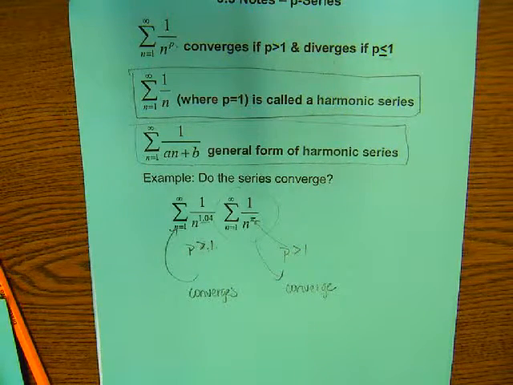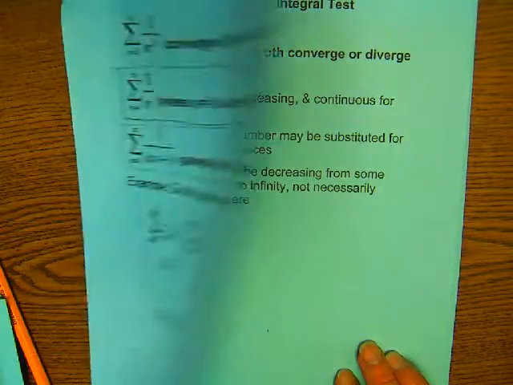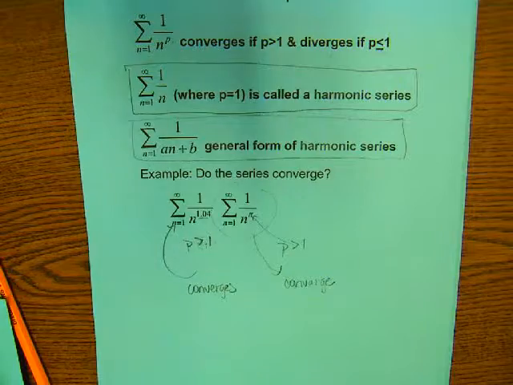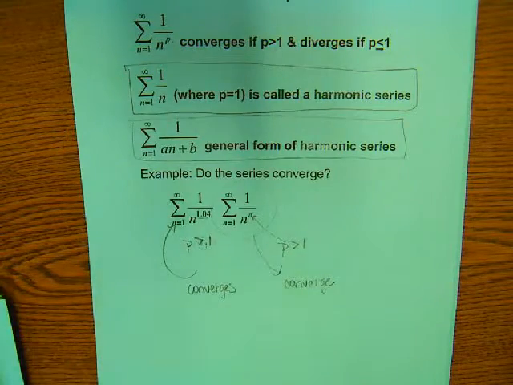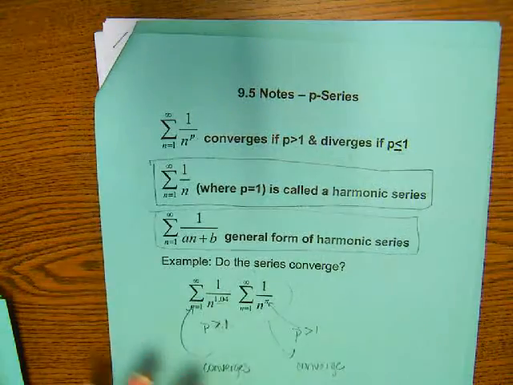Okay, let's see what other examples I have here to work through. Let's take a break and do just another example of the integral test so we can see another example of how that works.